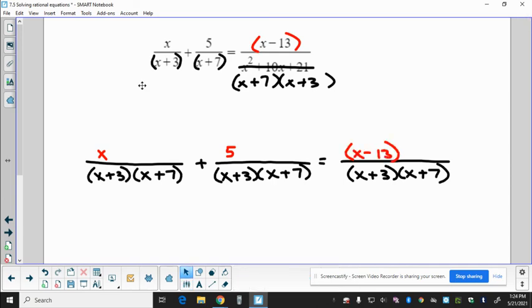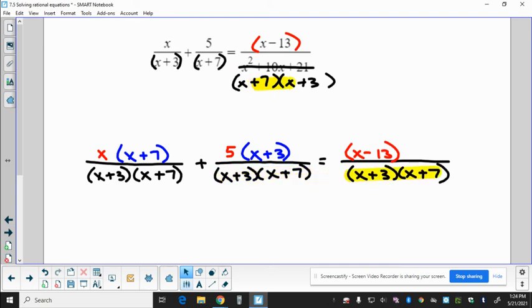All right, we're going to compare denominators. Here's the original. Here's the new. They are different by a factor of x plus 7. This denominator and this are different by a factor of x plus 3. And this denominator and this are no different.